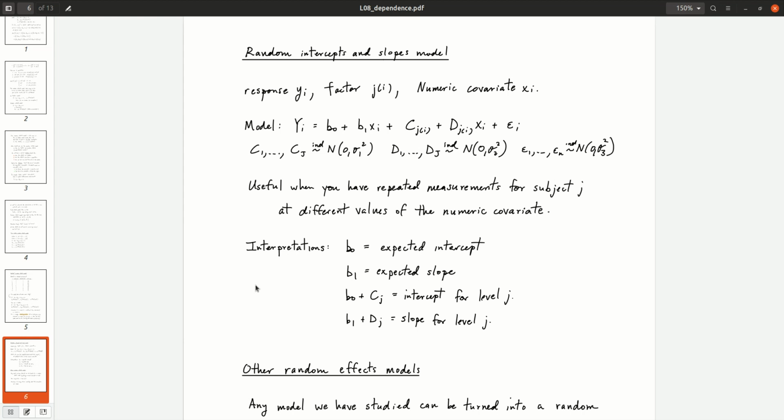But within each individual subject, you'll get a slightly different slope and intercept depending on what the variances of these things are. And in the exercises this week, we're going to have you take one of these random intercepts and slopes models and plot the distribution of intercepts and slopes so that you can get a feel for what these models look like and what they're assuming about the data.